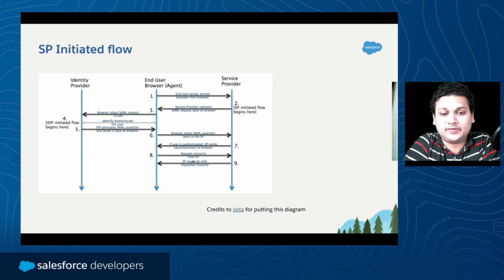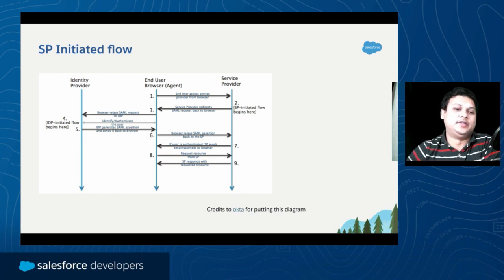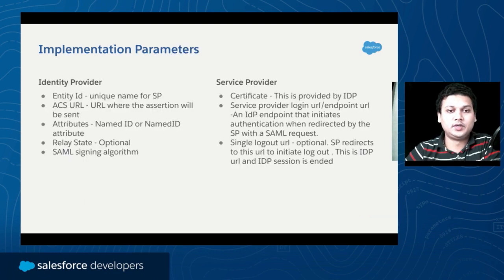So the browser asks for the resources, and then the SP responds with the requested resources. So this is a SAML initiated flow, and all of this, as I said, happens on the back end, and you hardly notice any of it. But the key agents here are to know what is identity provider, what is service provider, and note that the browser plays a very important role in this flow.